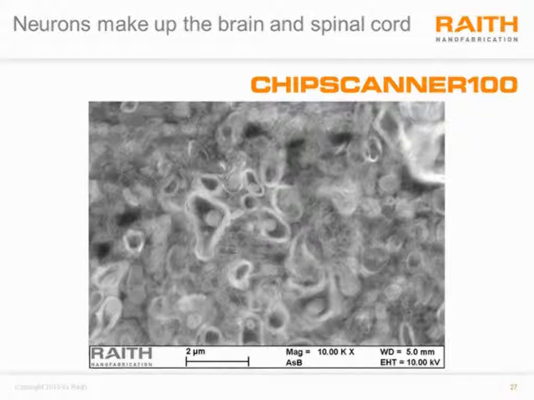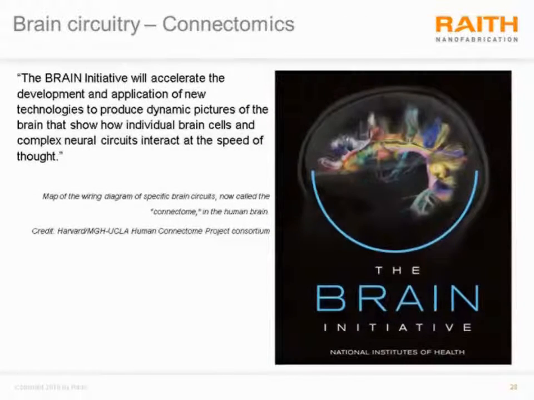So I would like to tell you now why we would use the chip scanner for imaging neuronal tissue. And so let me please provide some background.